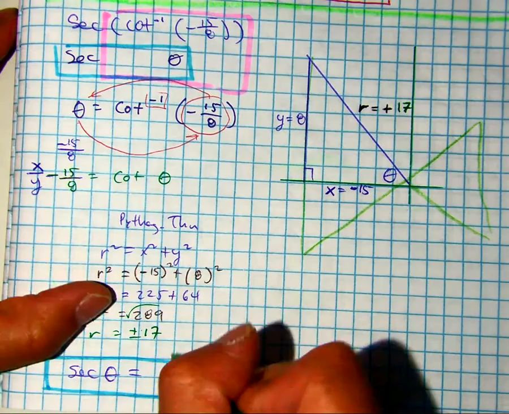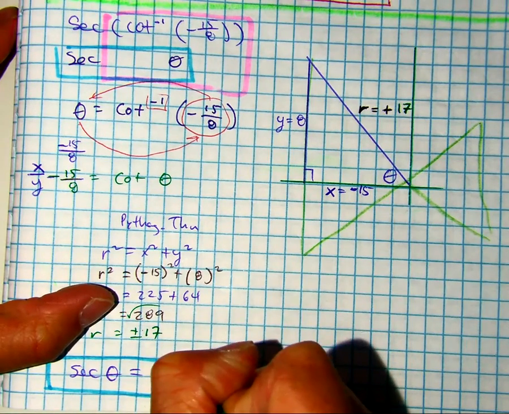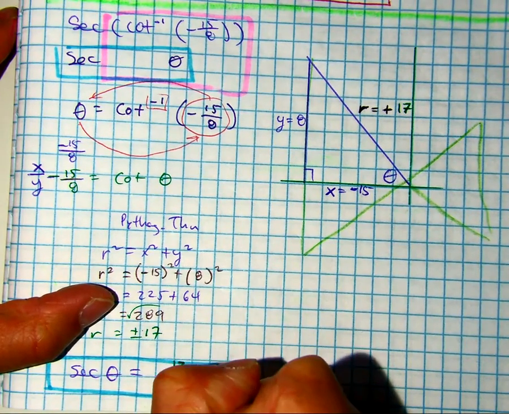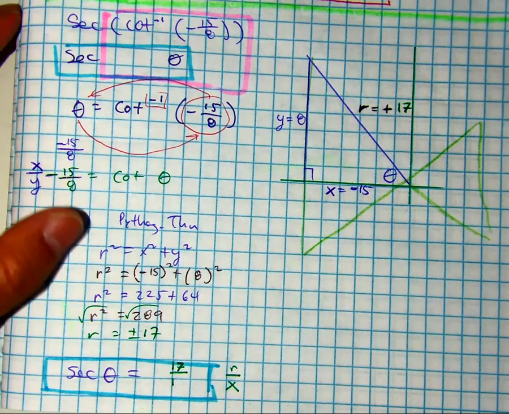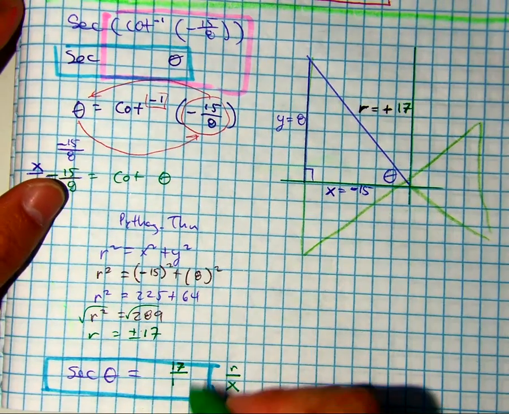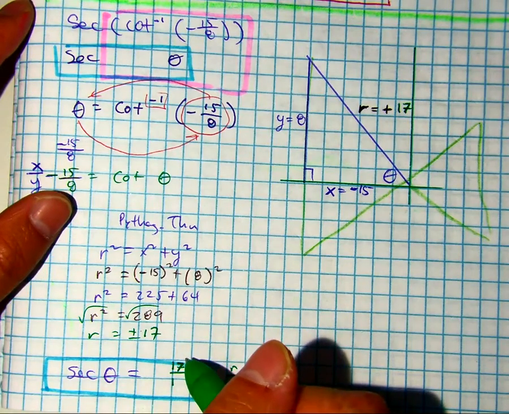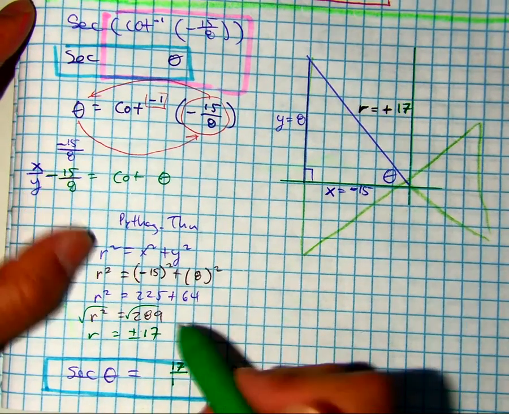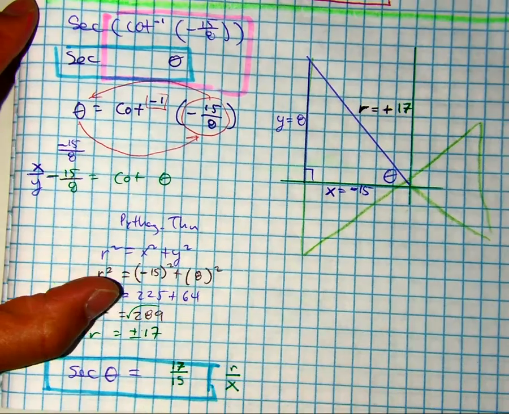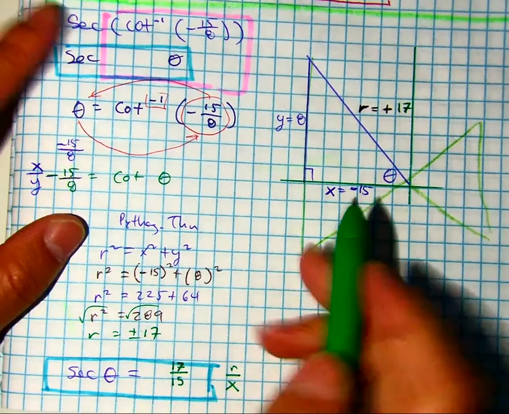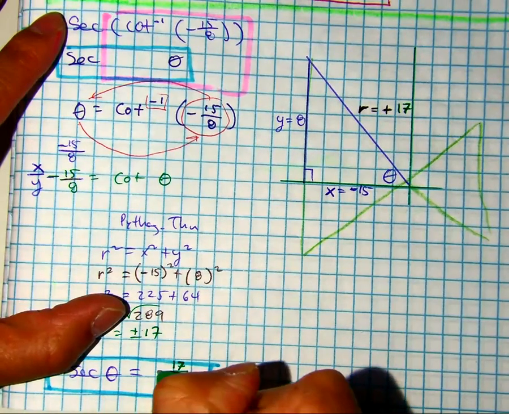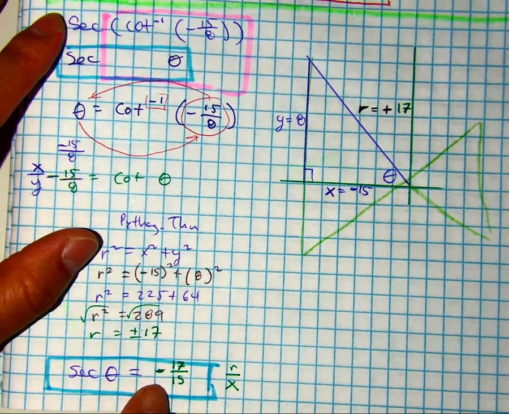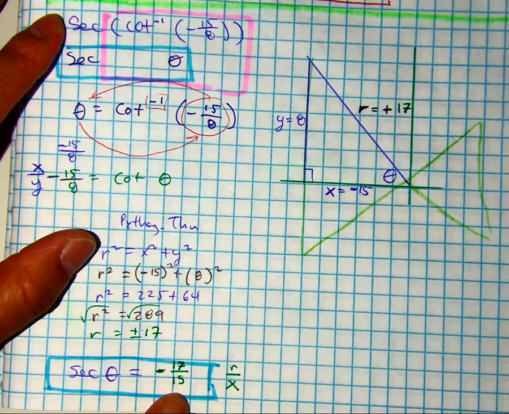And your X value? Positive or negative? X value is negative. Positive divided by negative means a negative expression. Secant is, the answer is secant of theta equals negative 17 over 15.